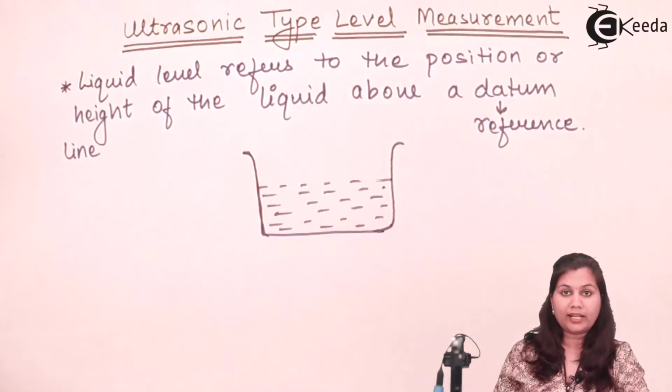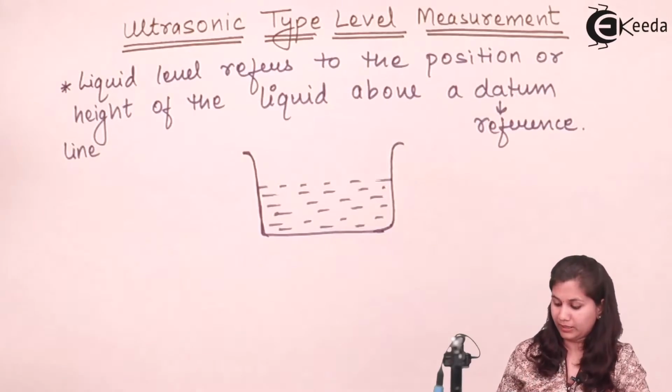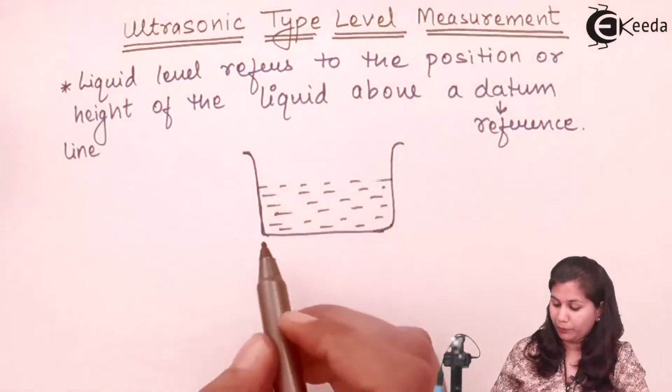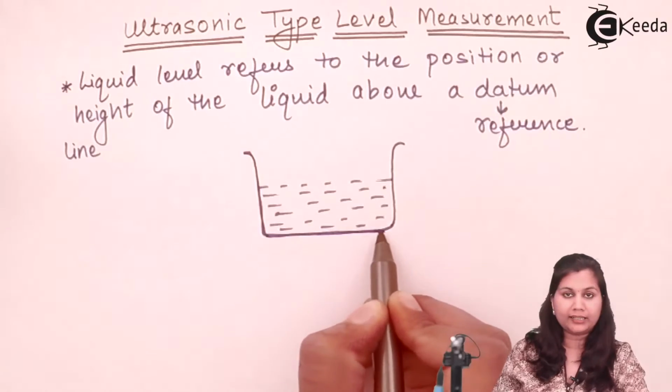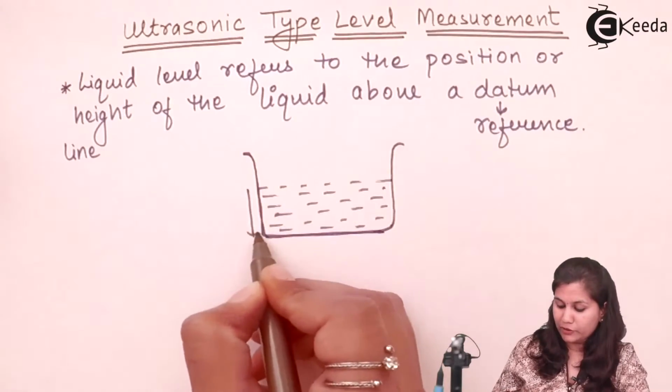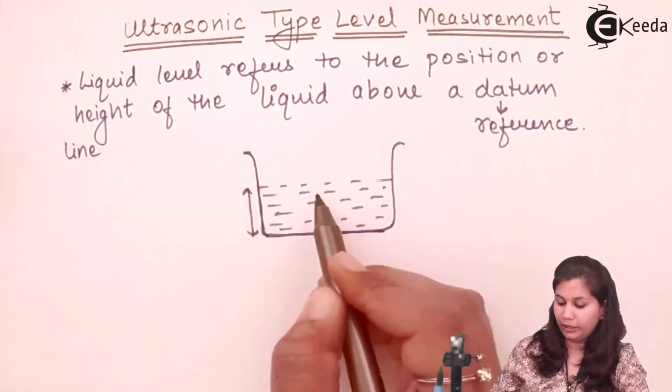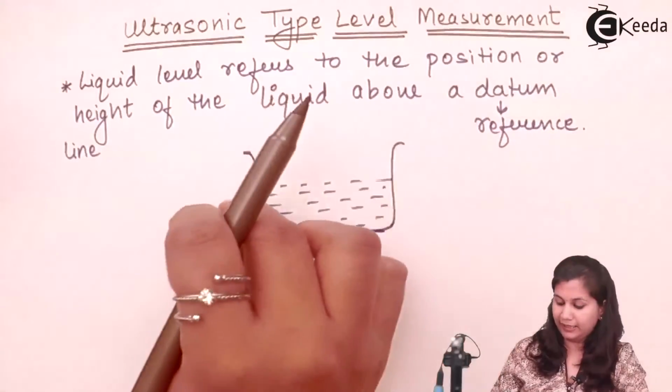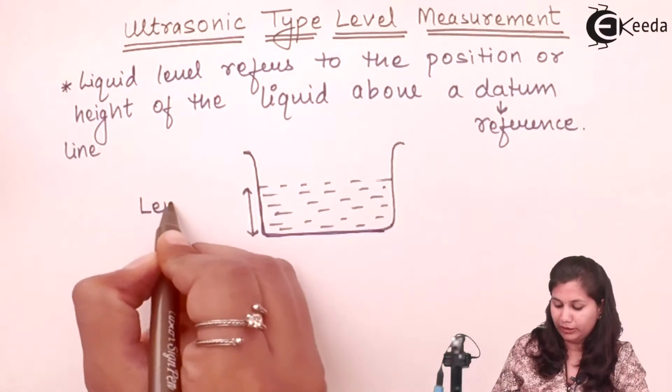To find out how much liquid is present in this container, we find the level of the liquid. We take the bottom of the container as our reference line, and the height or the position of the liquid above this reference line is the level of the liquid.